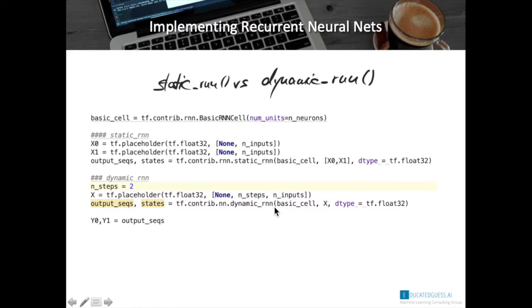And the difference is that dynamic RNN internally uses a while loop, or uses the operation while loop, in order to iterate over the basic cell. So again, we make use of the same definition of our basic cell, but you can see a difference here, that we define our placeholder in a different manner, where we give it the number of steps.